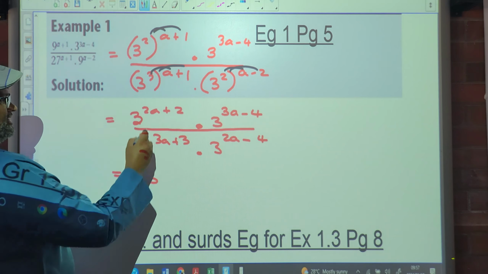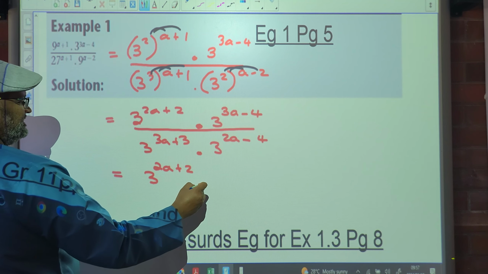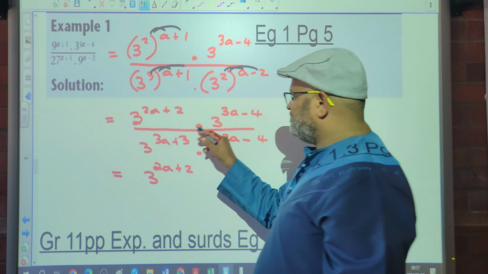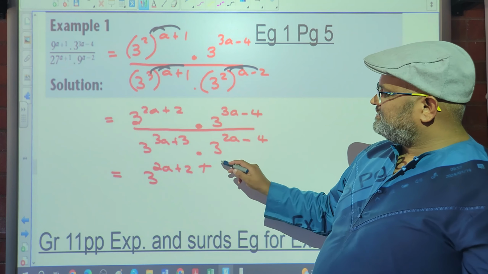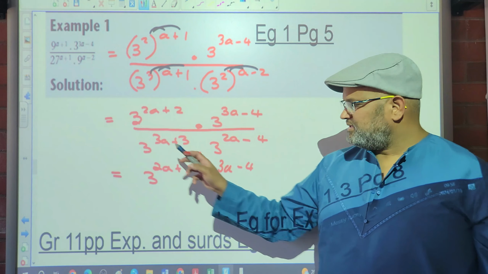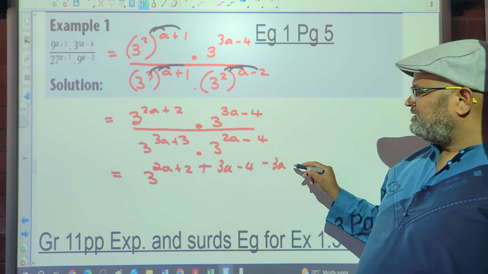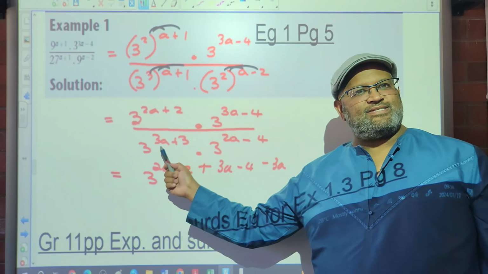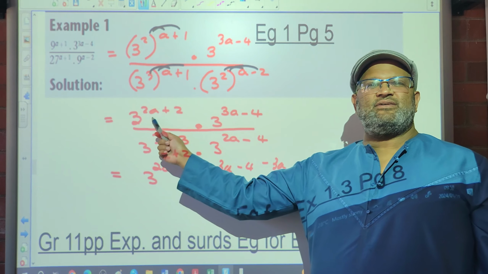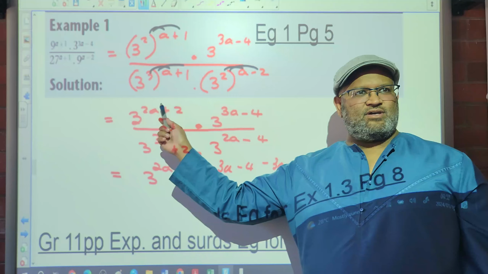So it's 3, the exponent 2a plus 2, we'll add the exponent now, of course, because we're multiplying, plus 3a minus 4. Now we're dividing here, so it becomes minus 3a minus 3 because I'm minusing. So whatever the sign is here, if it's plus, you take it up, it becomes minus. If it's minus, you take it up, it becomes plus. The sign changes.